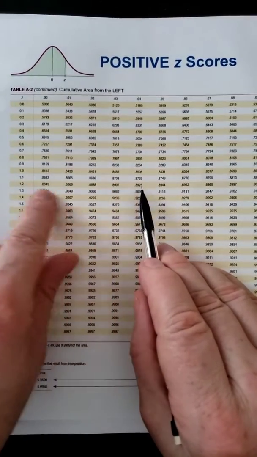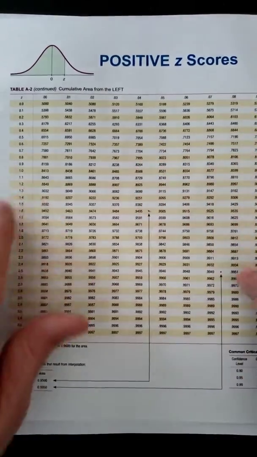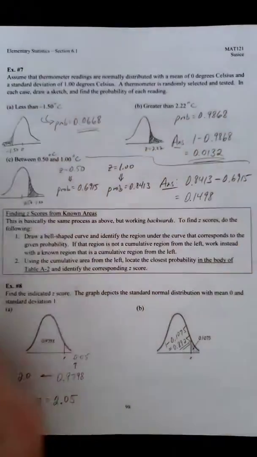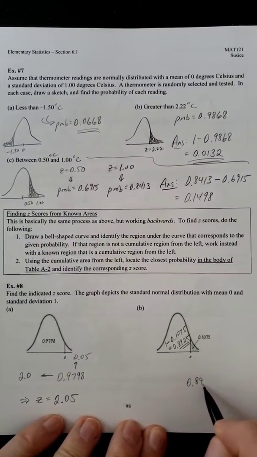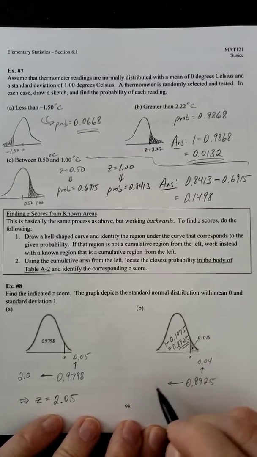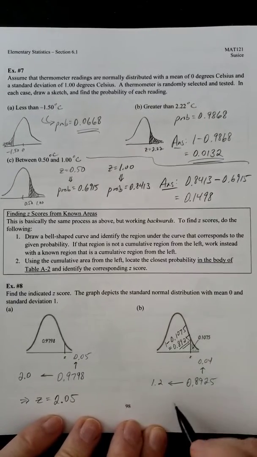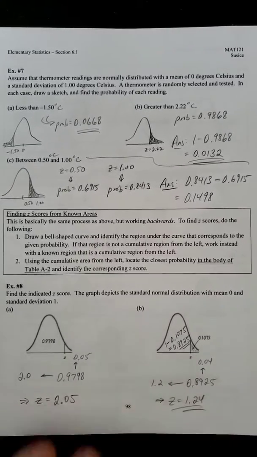So if we go across, we get 1.2. We go up, we get 0.04. So 0.8925. So we got 0.04. When we go up and over, we get 1.2. So z better be 1.24. Done.